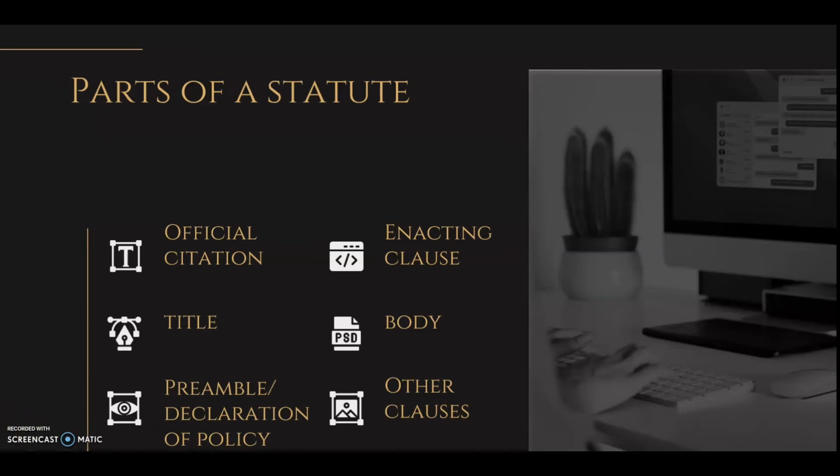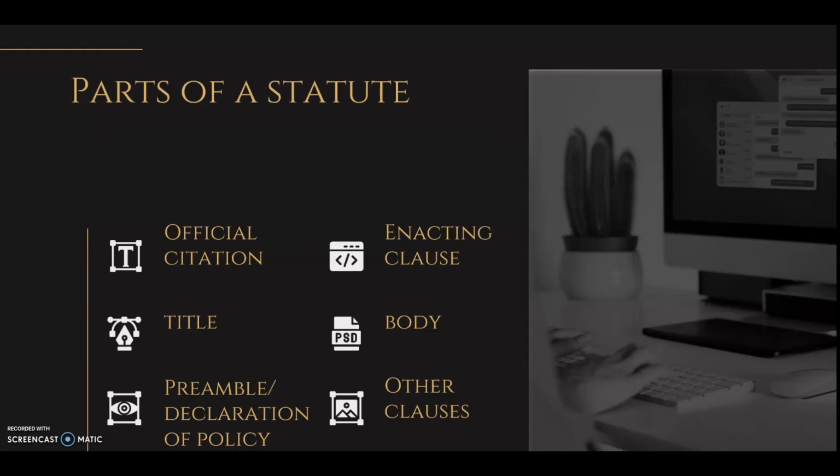Now, in the title, we have the long title and the short title. So, the long title contains one subject and generally describes the statute's purpose and effects. The short title, which we usually find inside the body of the statute, is the formal name by which the statute may be cited.